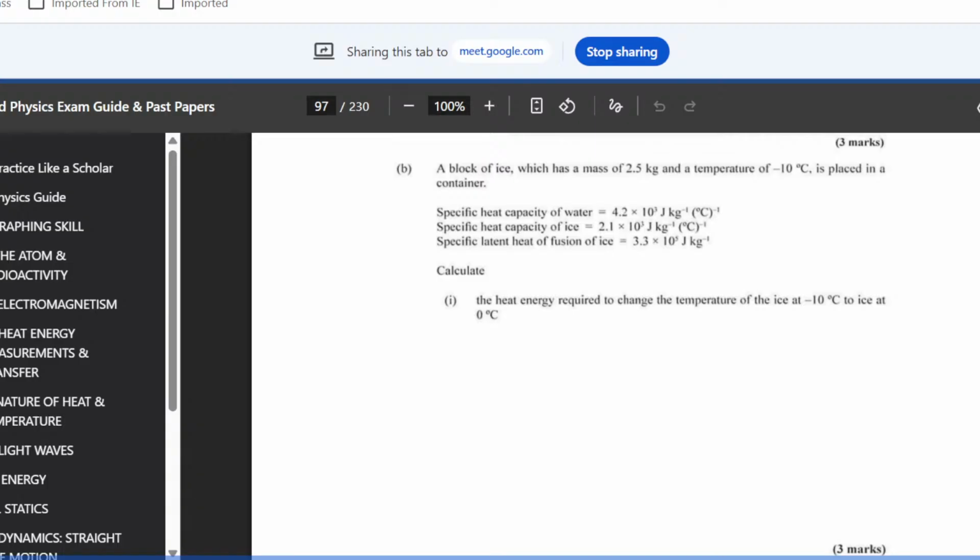Zero. And what's T initial? Negative 10. Alright, so that means delta T is going to be?